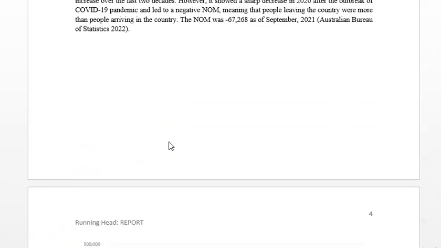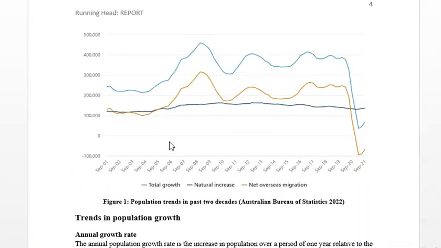I have also provided statistical figures related to both the components of population increase in Australia. We can get this information from online government sources. One such source is Australian Bureau of Statistics.